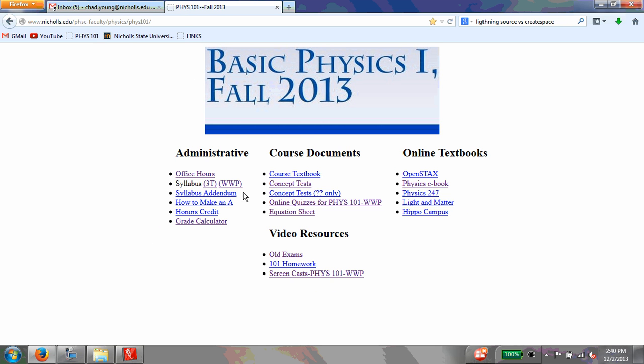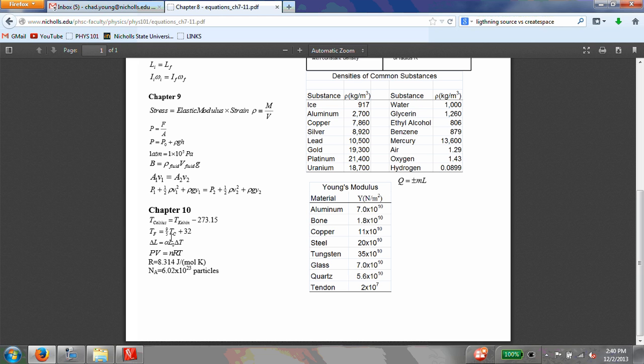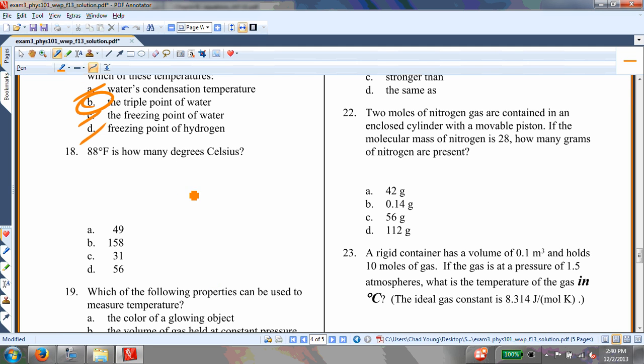You look on your equation sheet, you can find the conversion for Celsius to Fahrenheit or Fahrenheit to Celsius. So the Fahrenheit temperature is 9/5 TC plus 32. Right, and so let's see, I have 88.